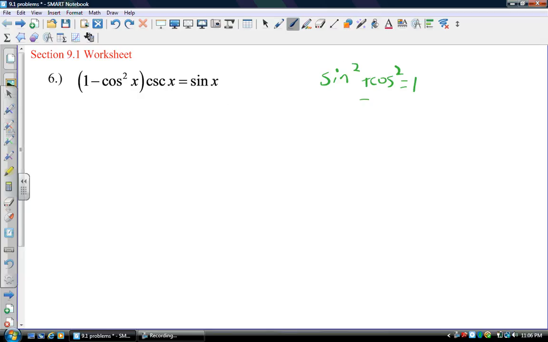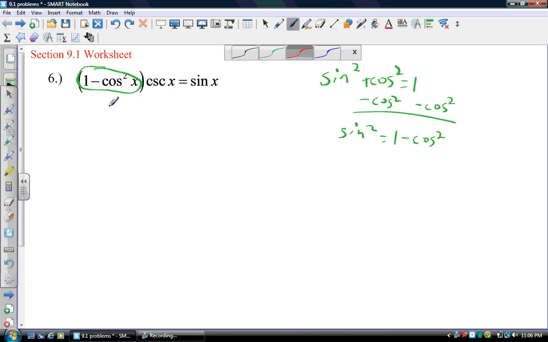If I just subtract cosine squared from both sides, this really all becomes just sine squared equals 1 minus cosine squared. So what that means is I can substitute, instead of 1 minus cosine squared, there it is, 1 minus cosine squared, same thing, I can replace that with just sine squared.